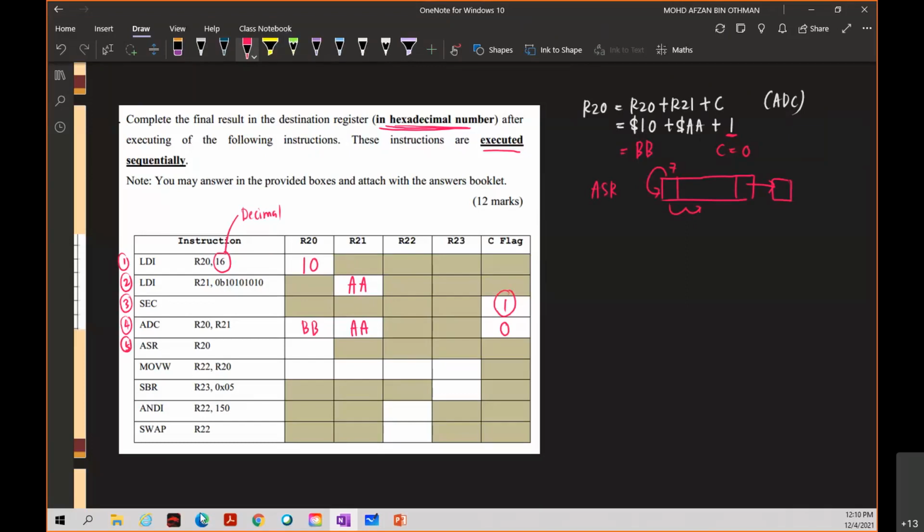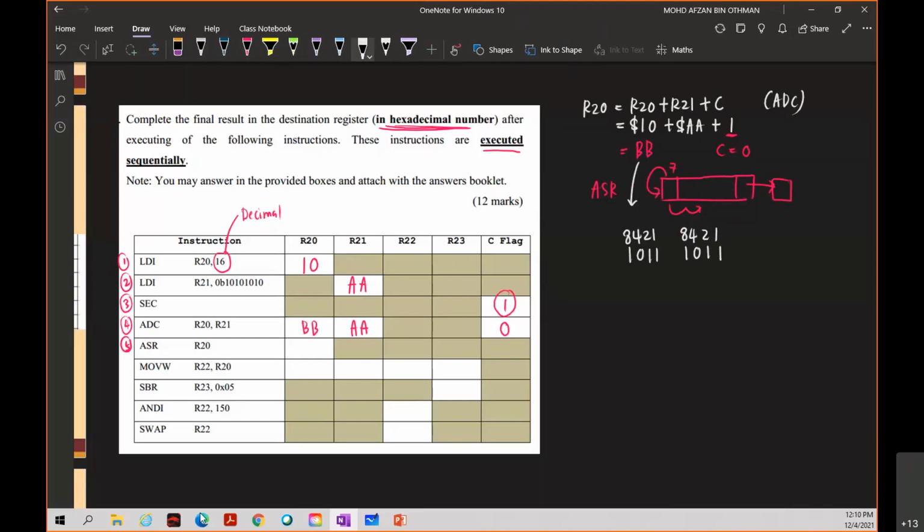Since your R20 is BB, you need to change BB to binary numbers. Using 8421, B is 11, so 1011, 1011.